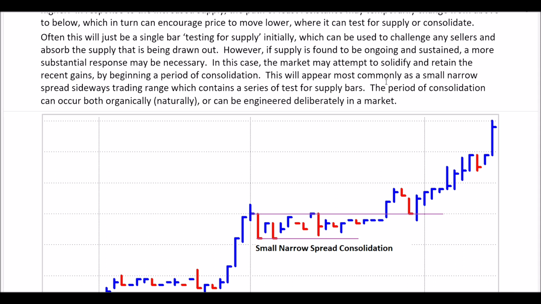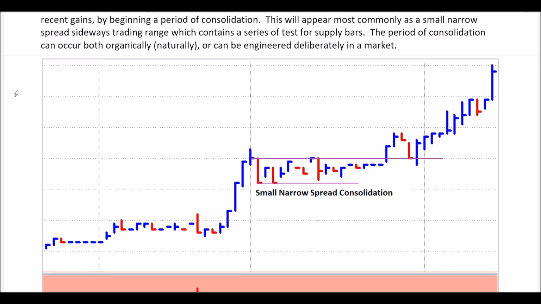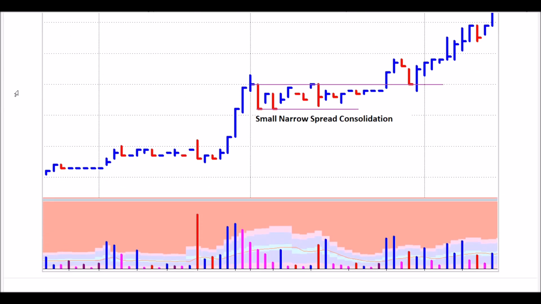This will appear most commonly as a small, narrow spread, sideways trading range, which contains a series of tests for supply bars. The period of consolidation can occur both organically or naturally, or it can be engineered deliberately in a market.